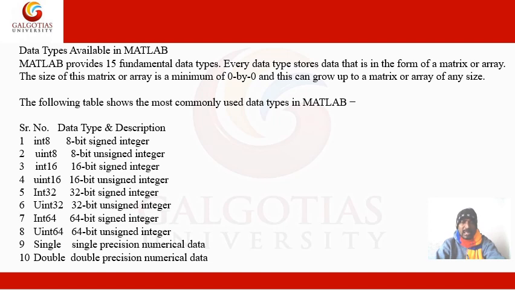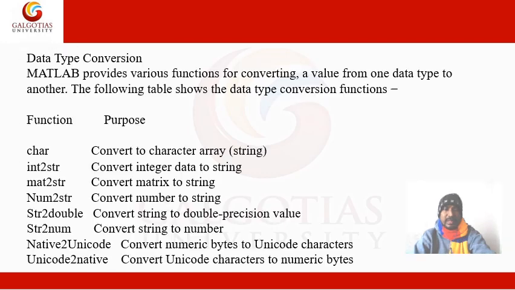U represents an unsigned 8-bit integer. Likewise for 16-bit. Then int32 is a 32-bit signed integer. If you are not using u, then it is a signed integer. If you are using u in front of that, it is an unsigned integer. It supports 8-bit, 16-bit, 32-bit and 64-bit, both signed and unsigned integers.